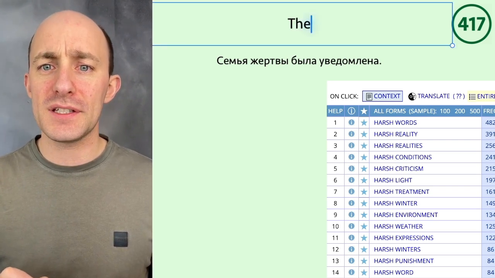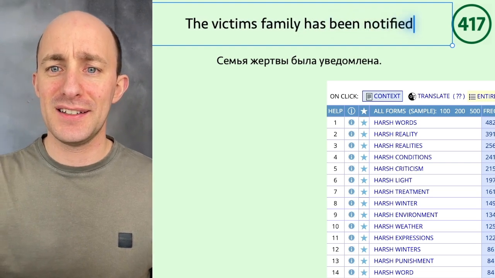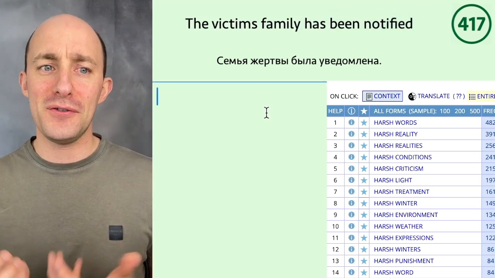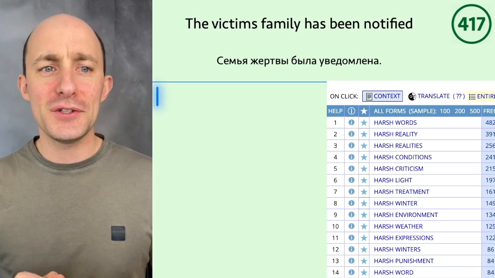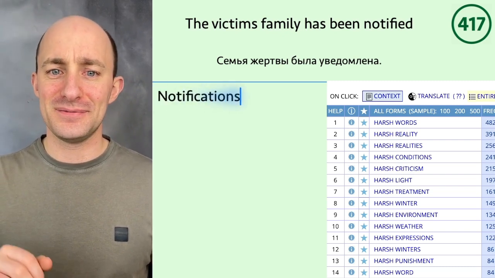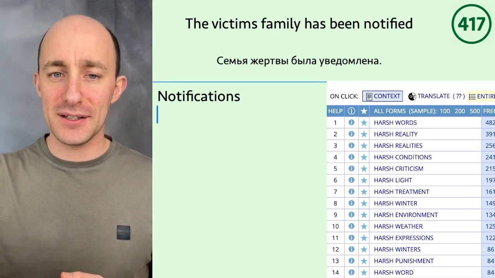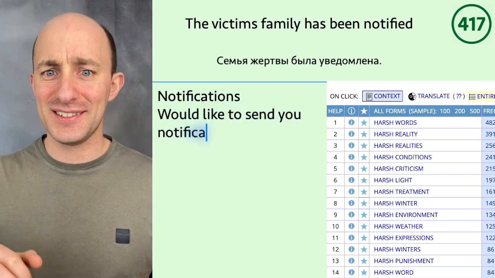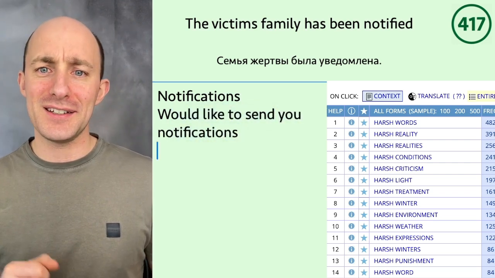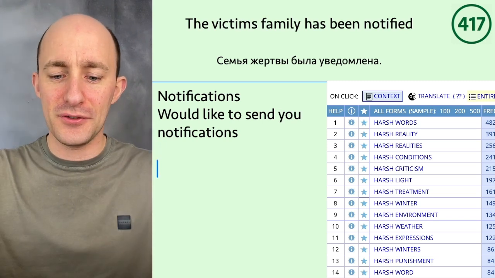The next one: The victim's family has been notified. So if your phone is in English, then I'm sure you know the word notifications. Because every time you download an app, it says, this app would like to send you notifications. So to notify, notifications. Notify, the stress is on the first syllable.